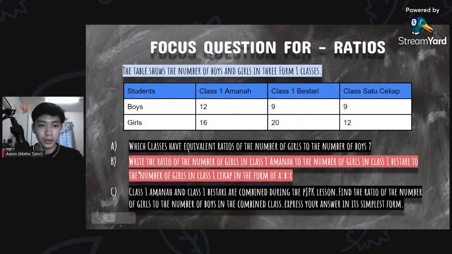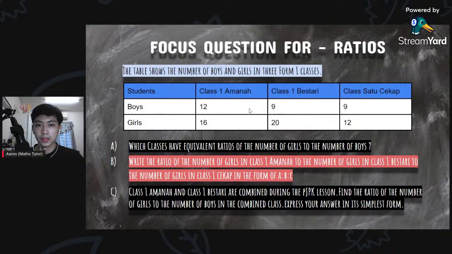And we go on to C. C says that class 1 Amana and class 1 Bestari are combined during the PJPK lesson. Find the ratio of the number of girls to the number of boys in the combined classes and express it in the simplest form.